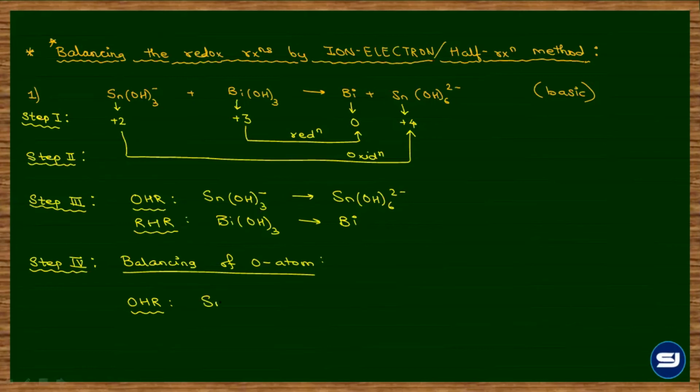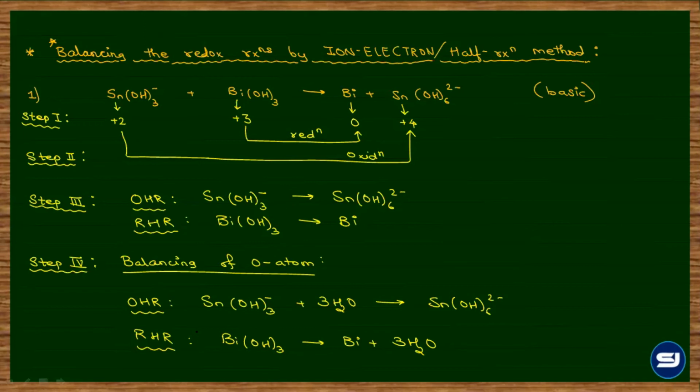Where it is deficient, the left hand side, you will add 1 H2O on the left hand side. समझा? In the reduction half reaction, how many oxygen on the left? 3. Nothing on the right. So you should balance by adding 3H2O on the right side. Clear?